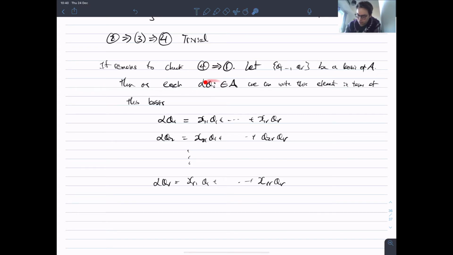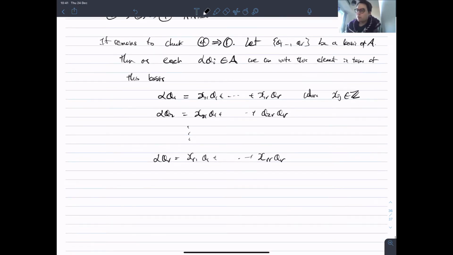So I take each of these basis elements, multiply them by alpha, and rewrite it in terms of my basis. I end up with some system of equations like this, where the xij are elements in Z, because I'm talking about finitely generated. Remember, for finitely generated, I assumed that it was additively finitely generated.